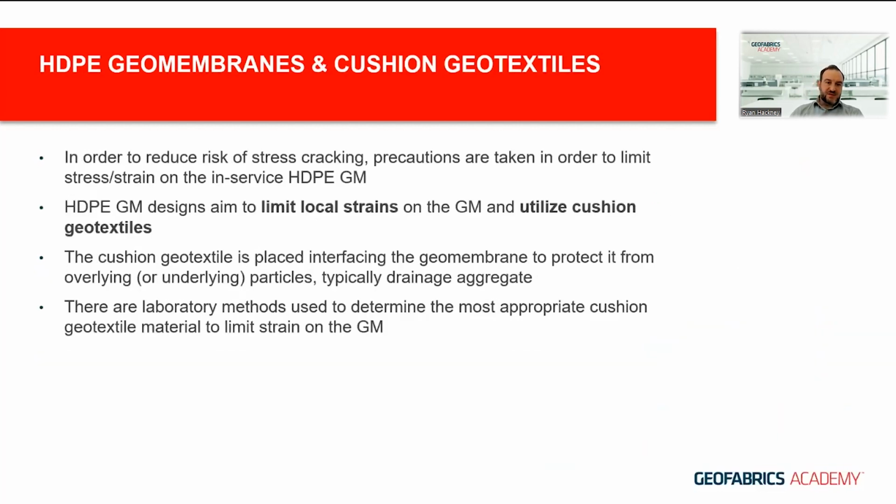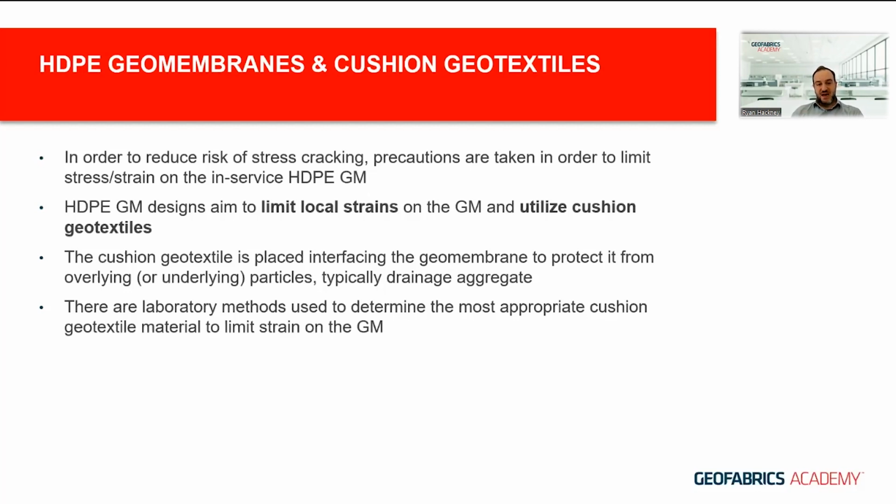So in terms of reducing the risk of stress cracking, precautions are taken to limit that stress and strain on the in-service HDPE. HDPE geomembrane designs are aimed to limit the local strains on the geomembrane, and a proportion of that is achieved by utilizing cushion geotextiles.